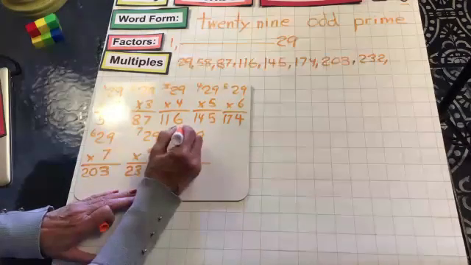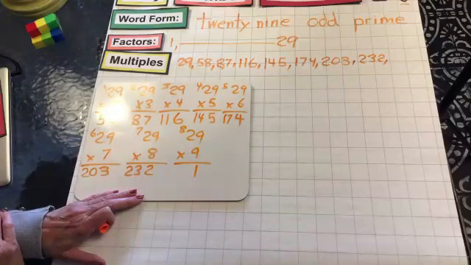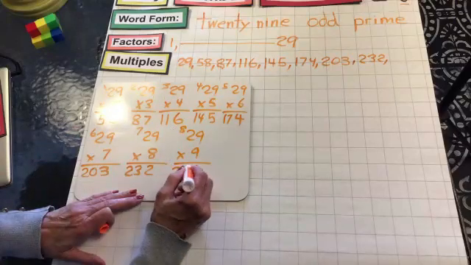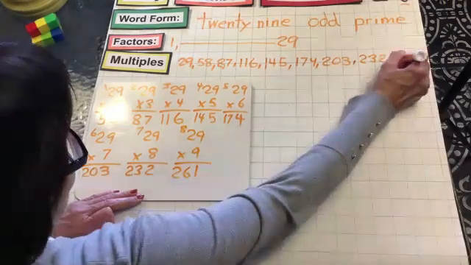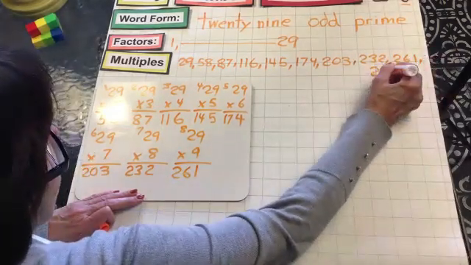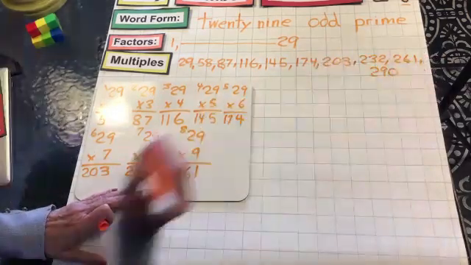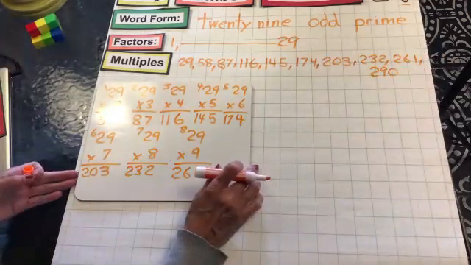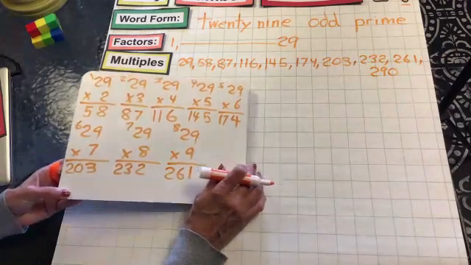Drop the 1, carry the 8. 9 times 2 is 18, plus 8 is 26. And of course, 10 times any number is the number with a 0, 290. So those are our 1 through 10 times 29.